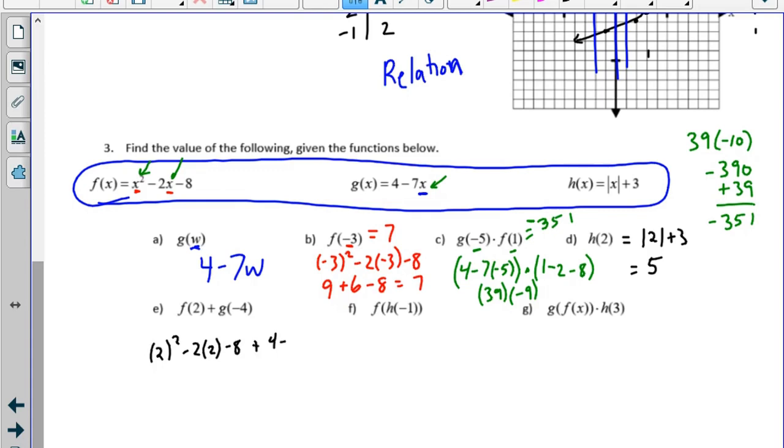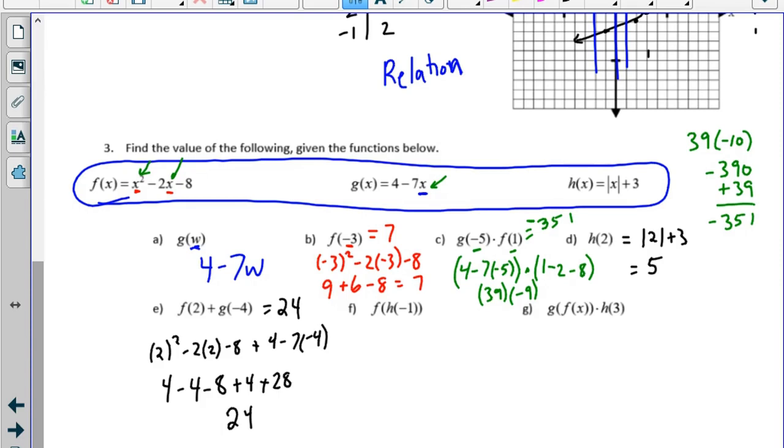So that is 4 minus 7 times negative 4. So I have 4 minus 4 minus 8 plus 4 plus 28. So 0 minus 8 is negative 8, plus 4 is negative 4, plus 28 is 24. So the answer to that is 24.